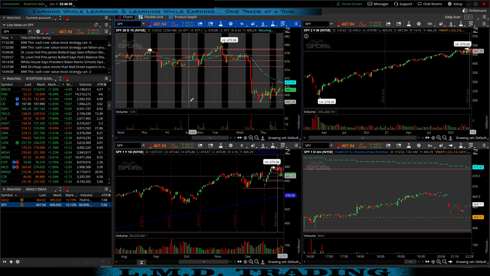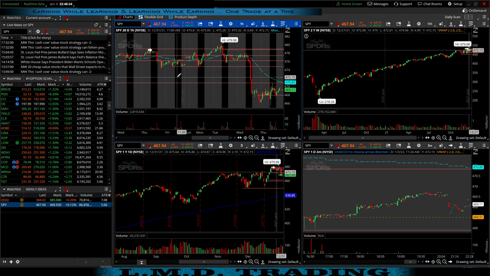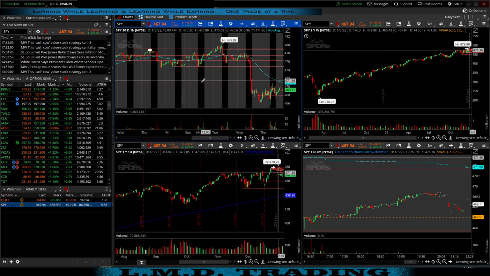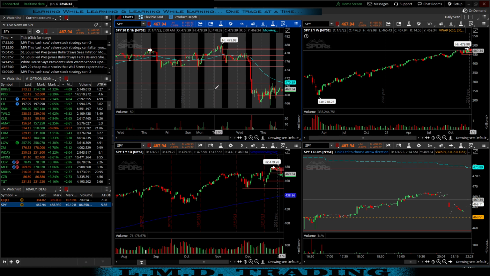So the first chart, which is upper left, is the hourly chart, and it has the after hours and pre-market turned on, which is the shaded in gray area. And on this chart, I use one moving average, which is the 50-day exponential, which is a very powerful moving average.